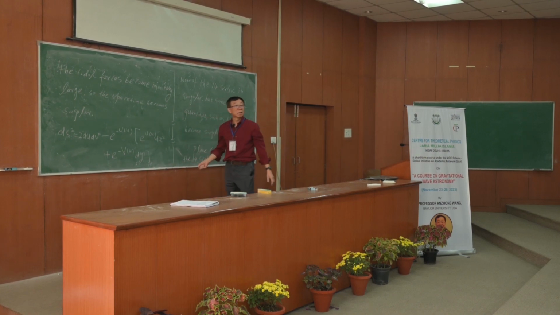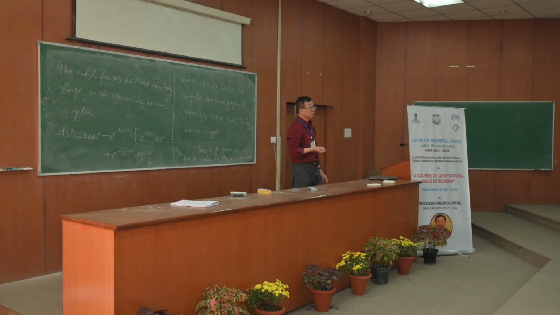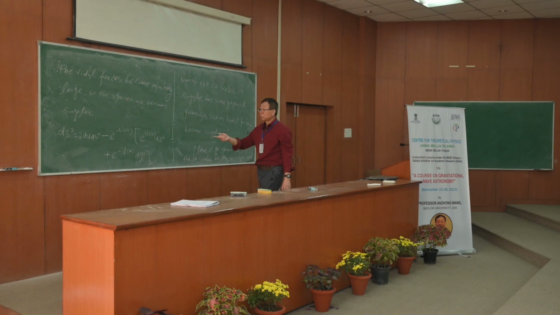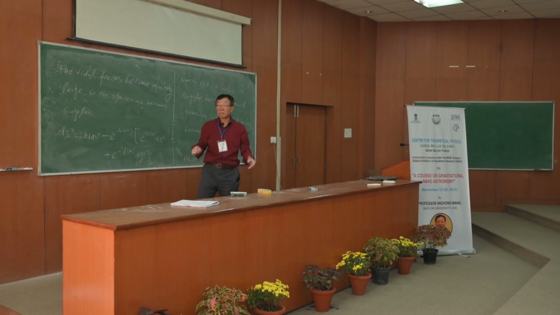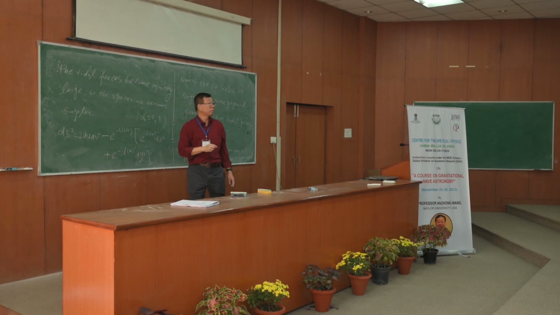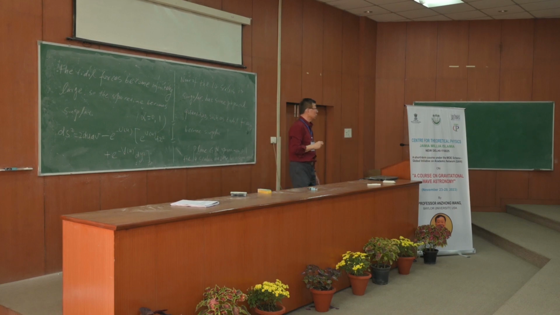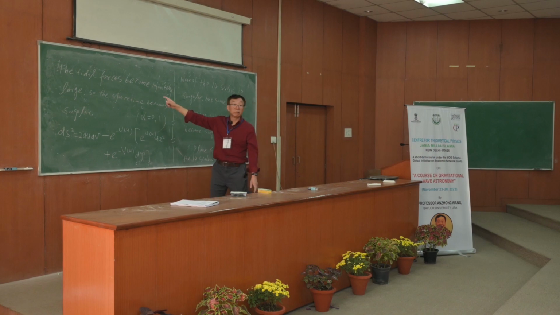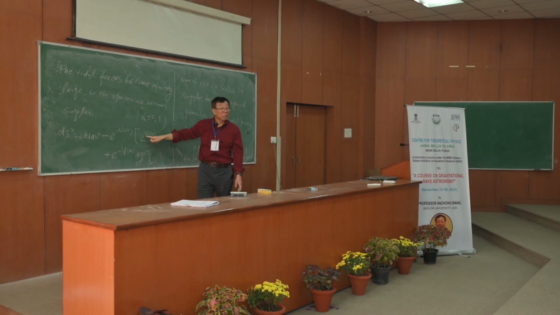In this case, there are lots of plane gravitational waves that are singular. Only for one parameter value, alpha equals 0 or 1, they are not singular. It's about tidal forces, and later I will come to this point.